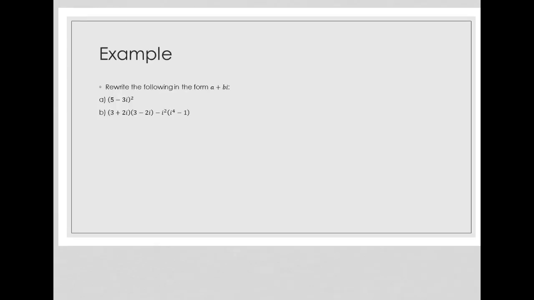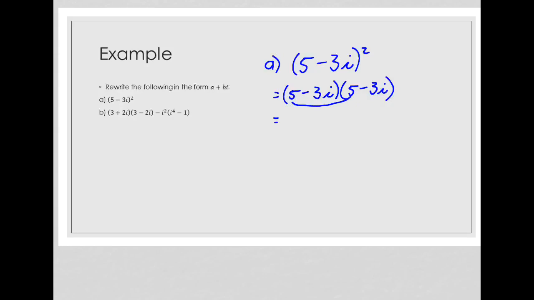So let's look at a few examples of how we do the operations on imaginary numbers. Let's look at A. It is (5 minus 3i) squared. The square means it's the bracket times itself, so we follow the same FOIL rules that we've learned previously. 5 times 5 is 25. 5 times negative 3i is negative 15i.